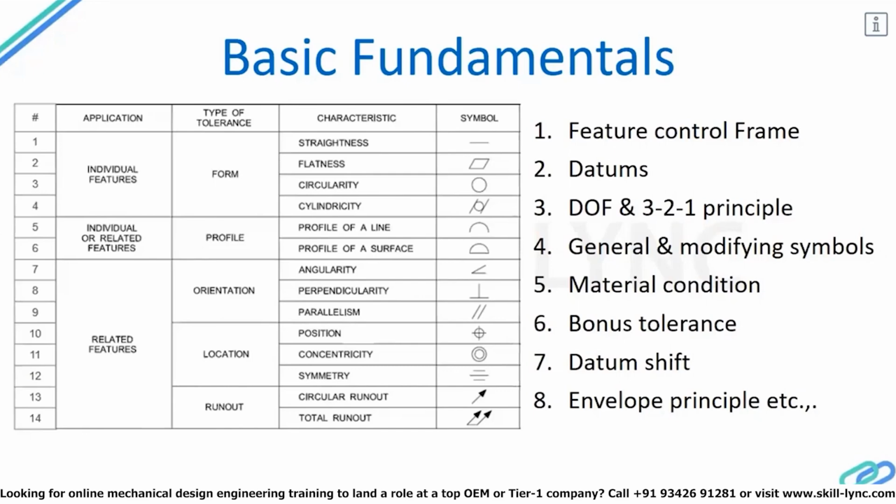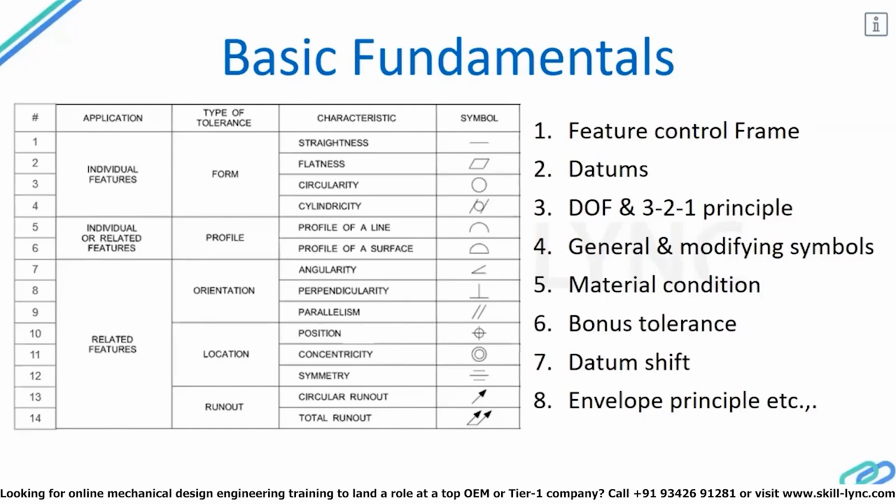And there is a huge chance for miscommunication. This miscommunication can be reduced or completely eradicated when there is a standard method for communicating the design intent through all the stakeholders. And this is where all these symbols, all these terminologies comes in help.